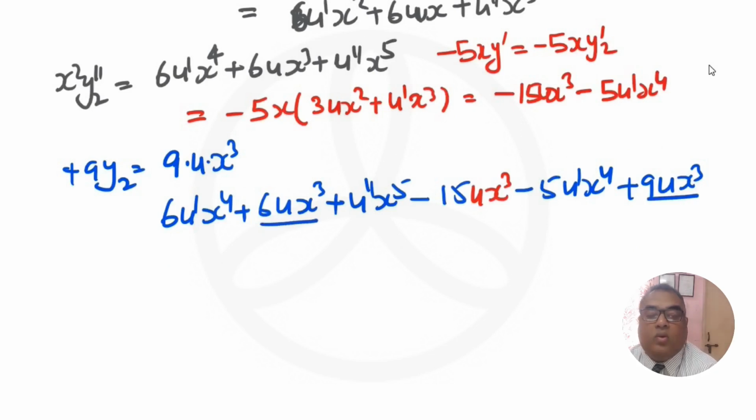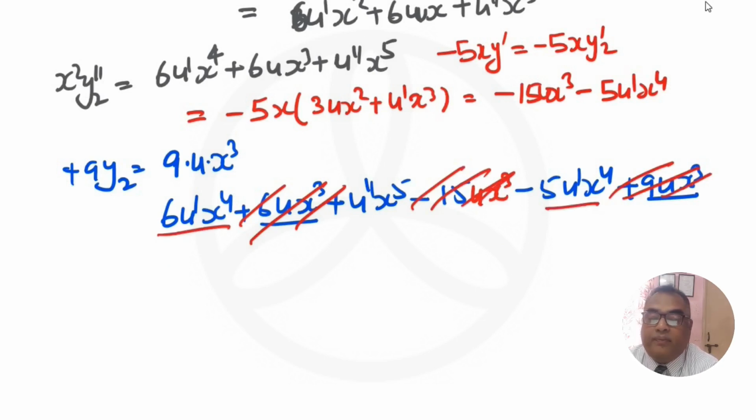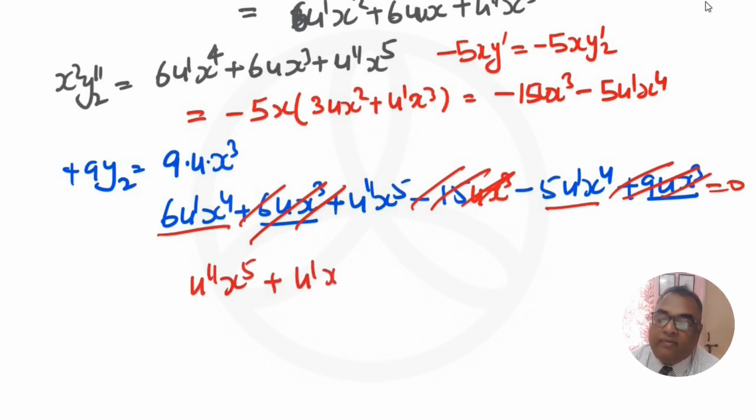This will go off with this, and this is 6, this is 5, and here is 0. So we will have u double prime x to the power 5 plus 6 minus 5 is just 1, so u prime x to the power 4 is equal to 0, or we will have u double prime x plus u prime is equal to 0.